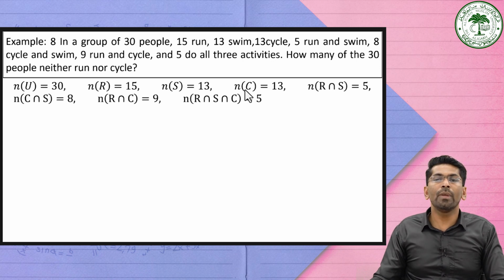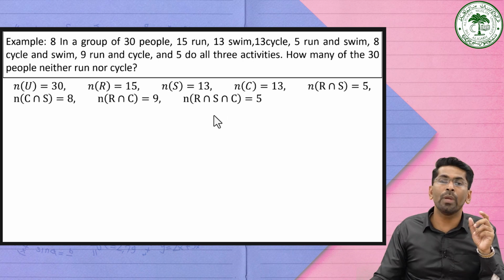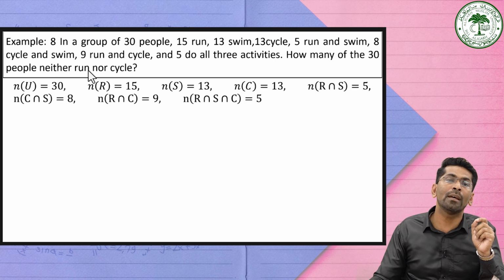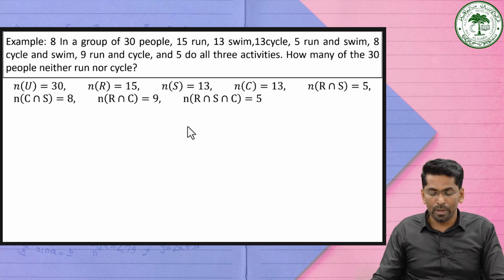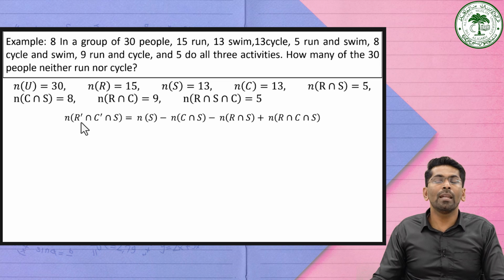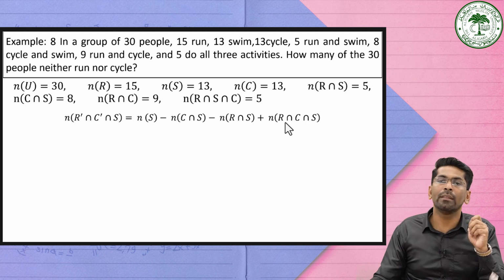So first we are going to find those people who only swim, because they are part of neither run nor cycle. So it becomes the number of elements in R complement intersection C complement intersection S. That is the number of elements in S minus the number of elements in C intersection S minus R intersection S plus the intersection of the 3.